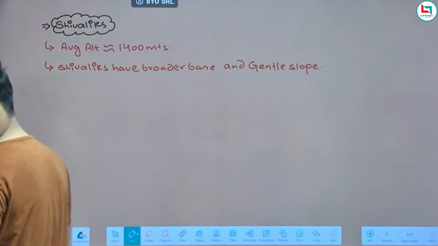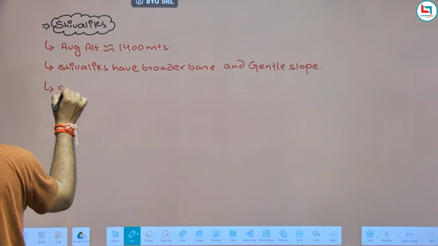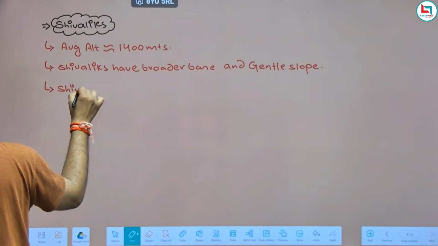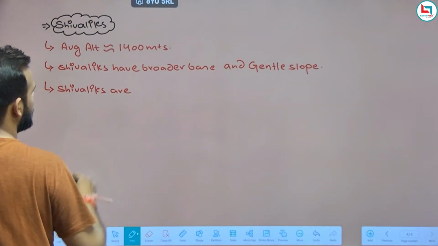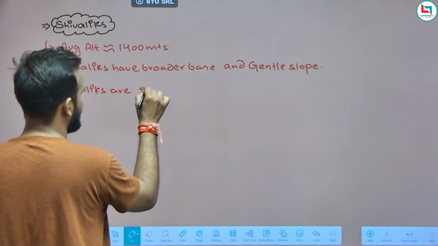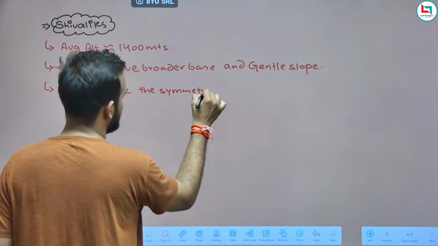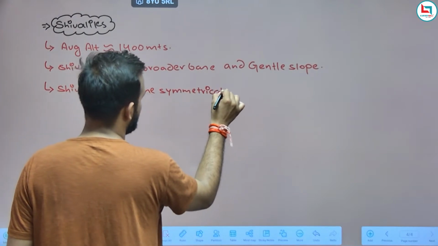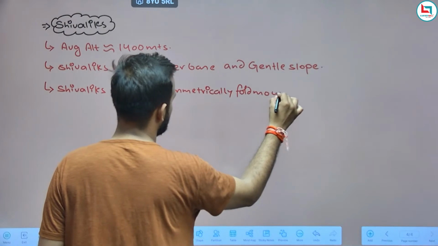After this particular thing, Shivaliks are symmetrically folded. Shivaliks are the symmetrically fold mountains.